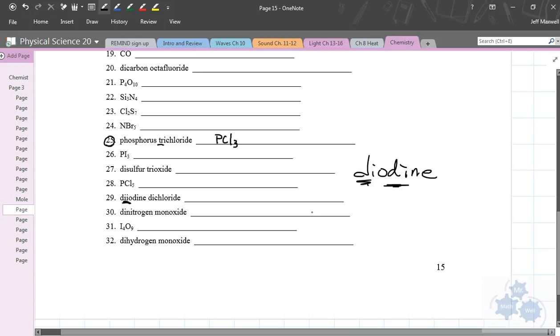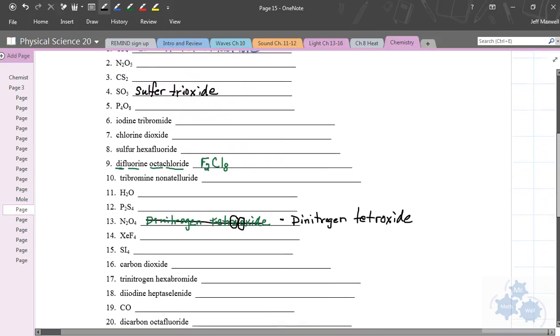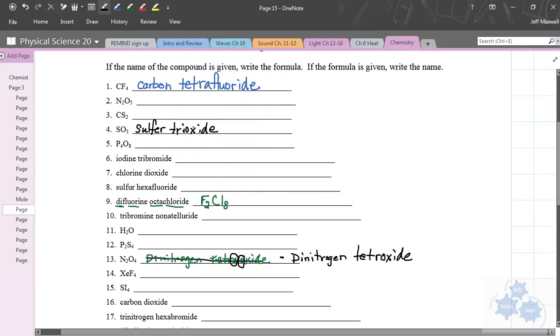Okay, did you have a question? So number 5 and number 7? Okay, well let's do, they had a question first here. So chlorine dioxide, so that's Cl, and then dioxide, that's O2. And number 5 was the other one?